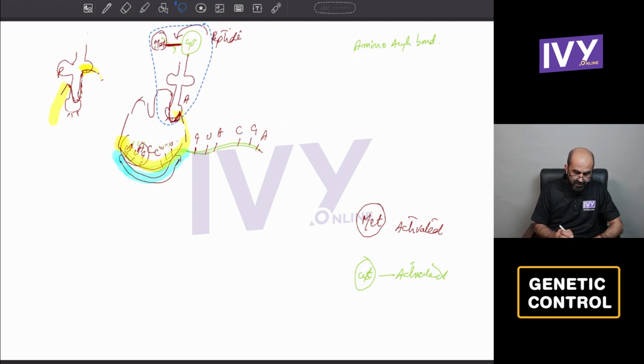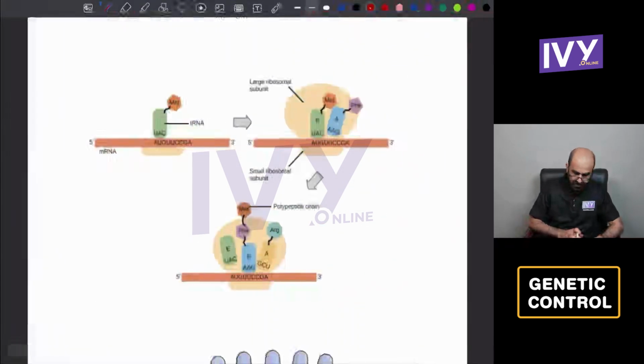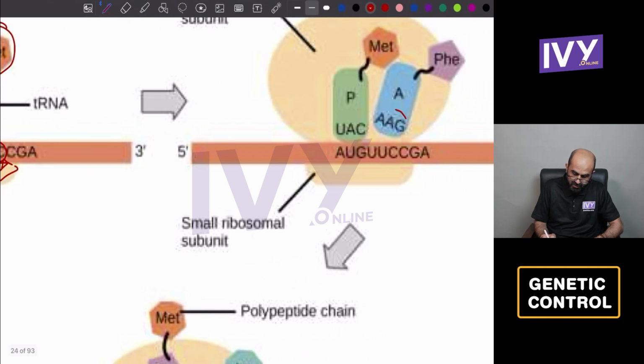Let me just show this through this diagram here. You can see here, first the methionine is attached, and then it moves ahead in this way. The other codon, if you see, is UUC, and against UUC we have the anticodon AAG, carrying the amino acid phenylalanine.